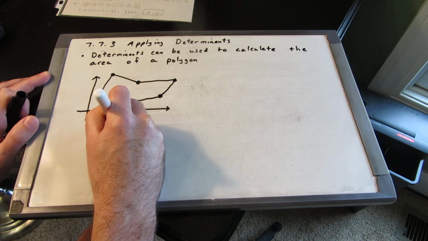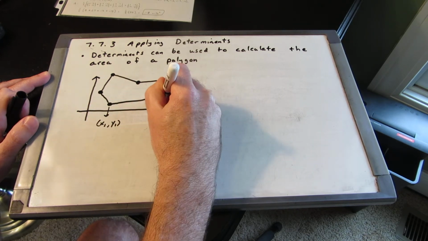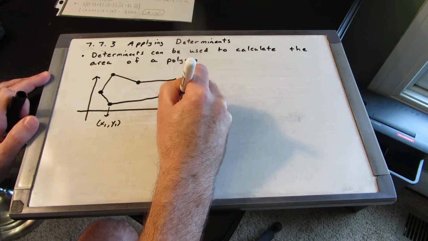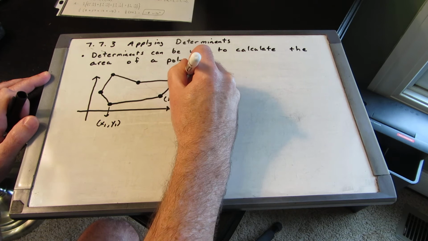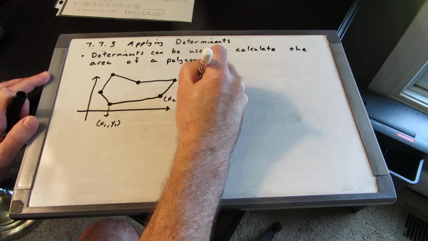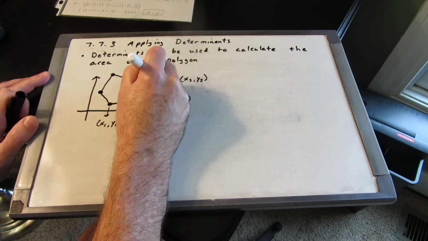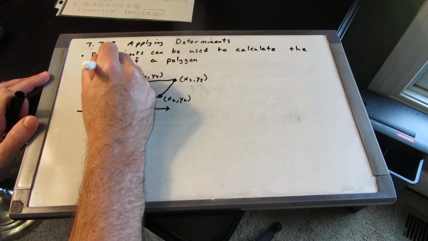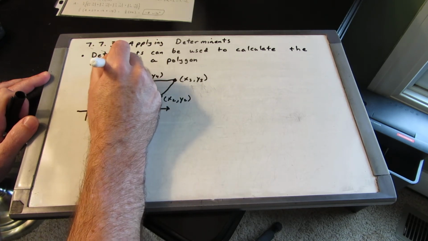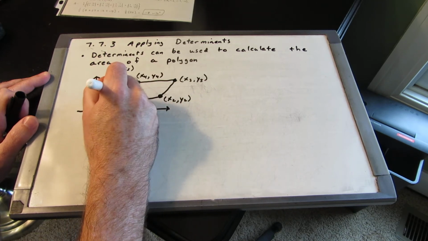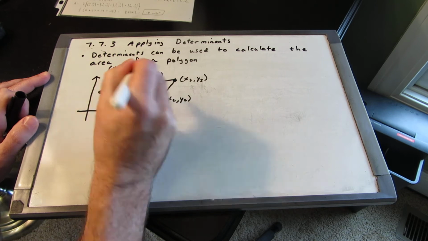x1, y1, and then go around the horn counterclockwise. So x2, y2. x4, y4. And then finally x6, y6.